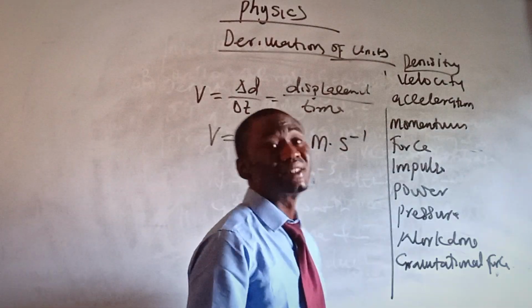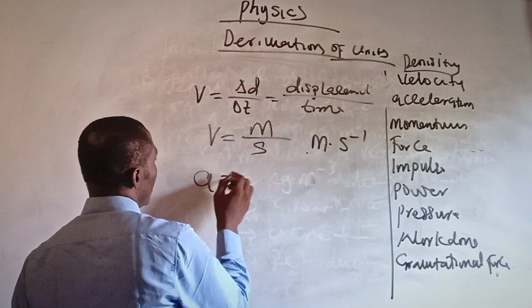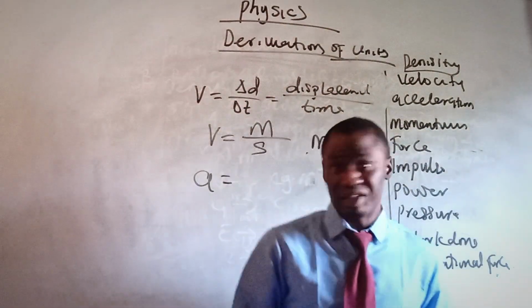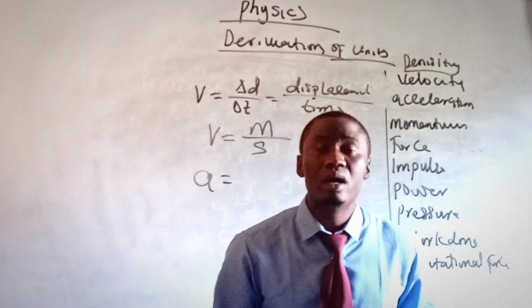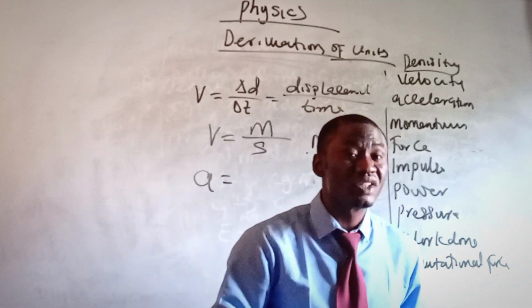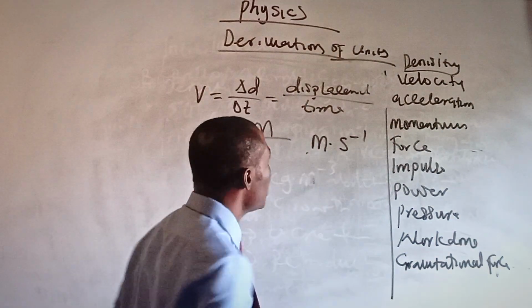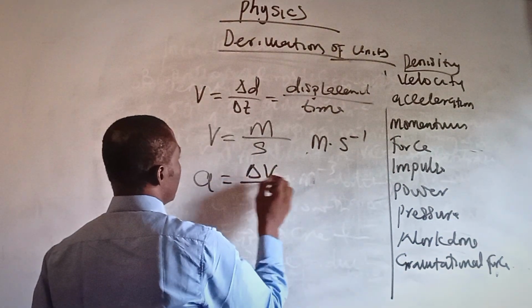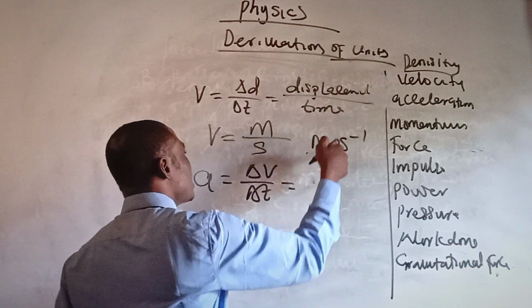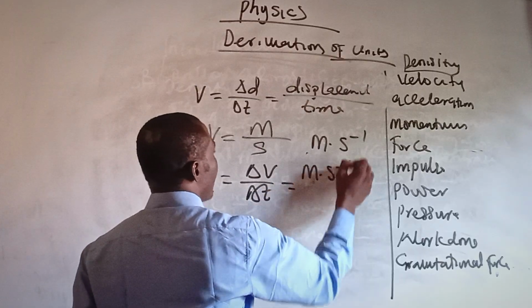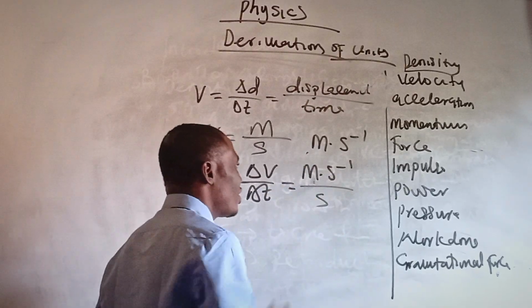Let's go to another one, acceleration. Acceleration is a junior brother to velocity. They look alike because from velocity you can get acceleration. Acceleration means change in velocity over change in time. So the change in velocity is meter per second, seconds to the power of minus 1, over time, which is seconds.